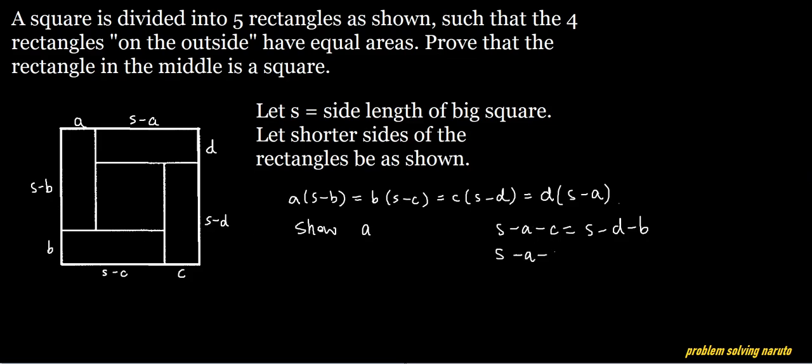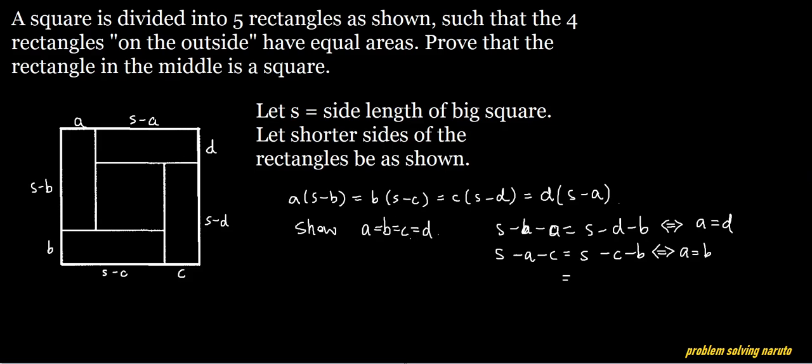So S minus A, if you compare these 2 sides, then you can see that this is equivalent to A equals B. If you compare this one with this one, this will be S minus B minus A, and this is equivalent to A equals D. And if you compare the other sides, in the end you see that if it is a square, then these 4 values should be equal.